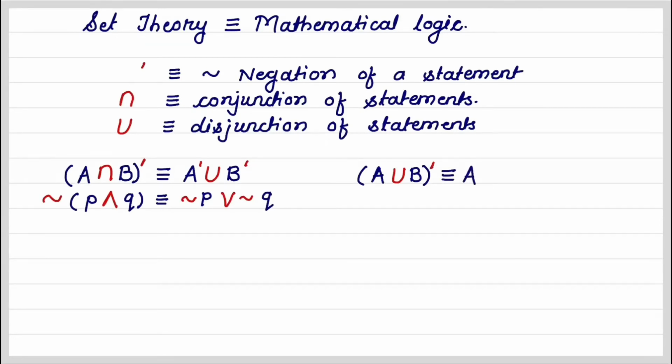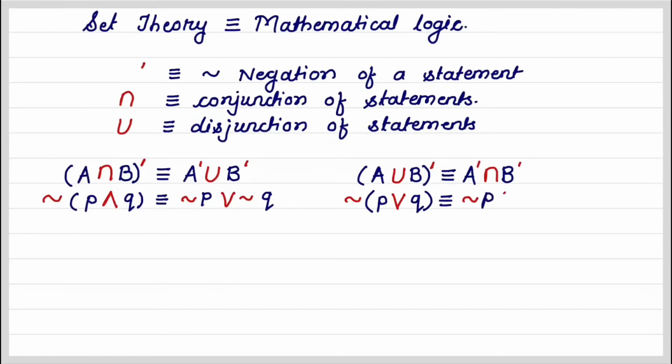Again replace complement, intersection and union by negation, conjunction and disjunction. So we get negation of (P or Q) is equivalent to negation of P and negation of Q.